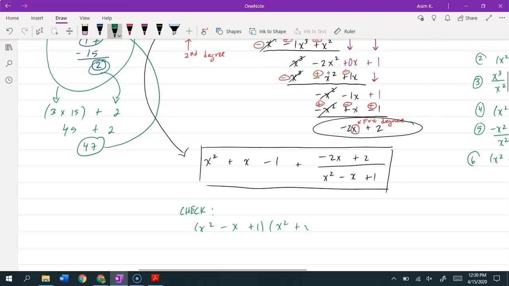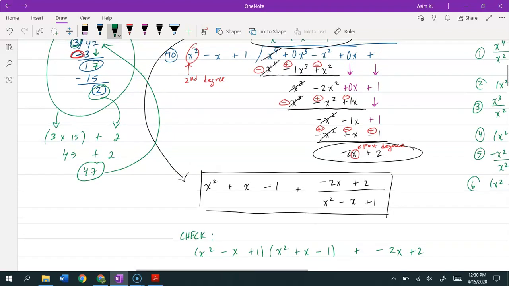Then whatever you get with that, you add your remainder, which was negative 2x plus 2, and what that should take you back to is the question itself.